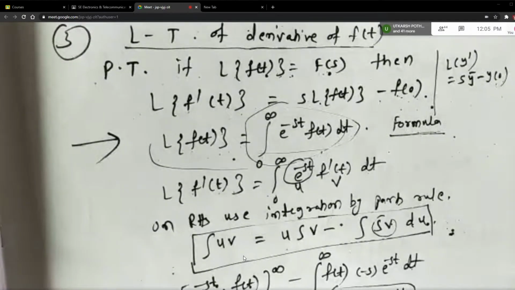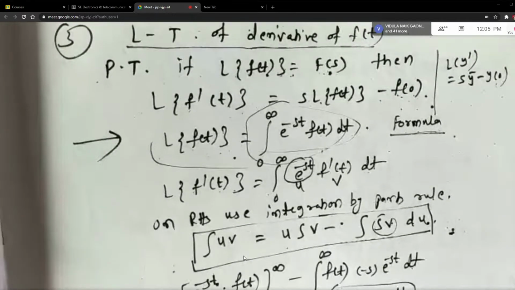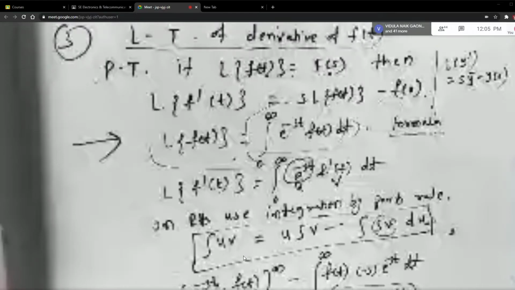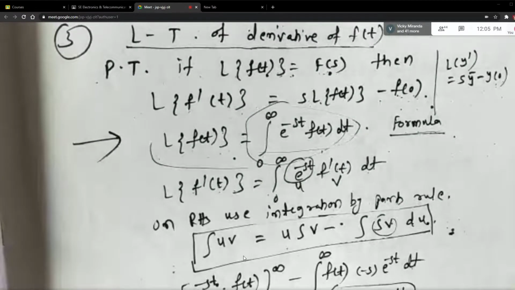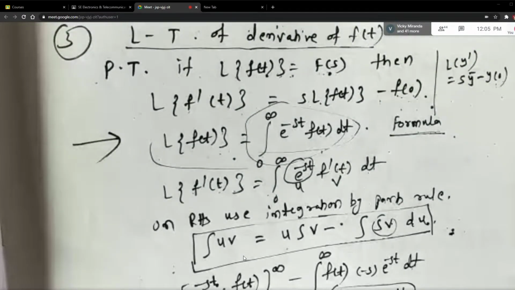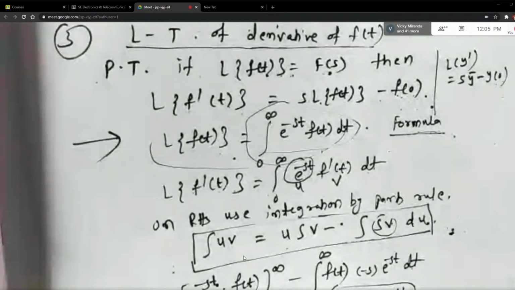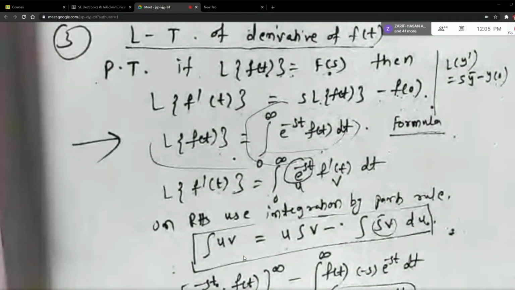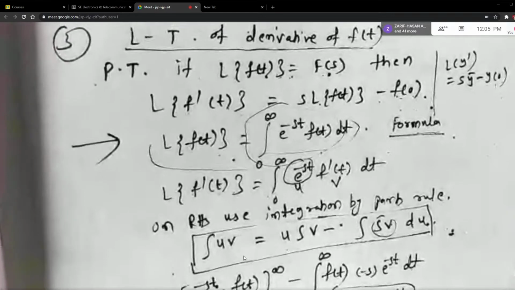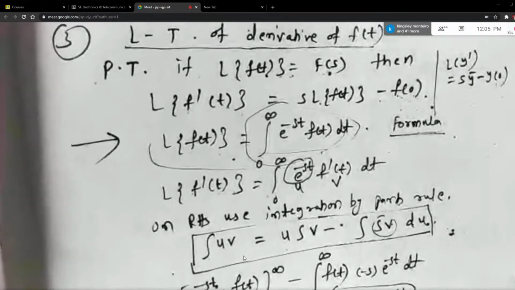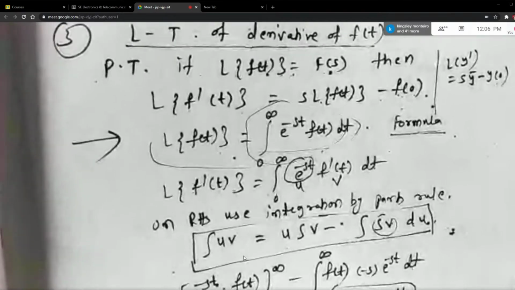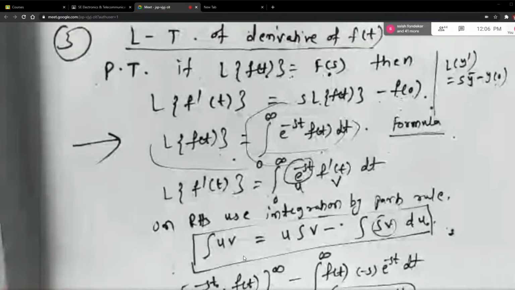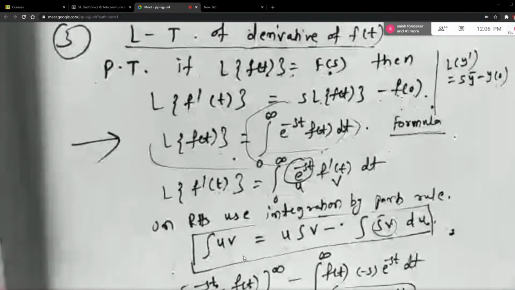Deval, can you tell me why it is denoted by capital F of s? Why not capital F of p or capital F of q? Why capital F of s only?